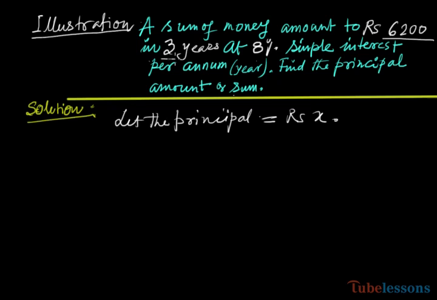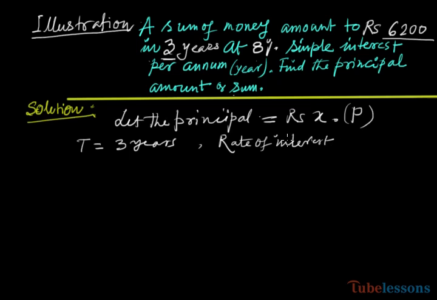Now here the given time is 3 years. So this is our P. Now T is 3 years and rate is 8%. So simple interest, this is our working formula.